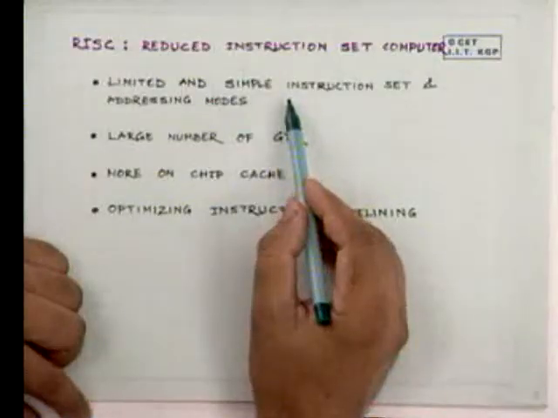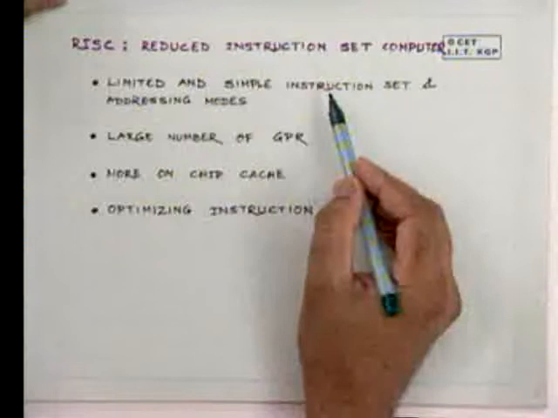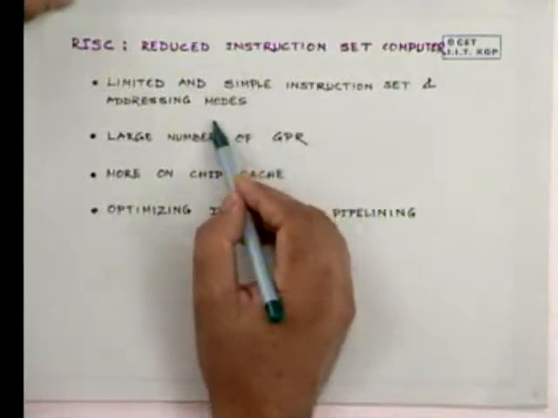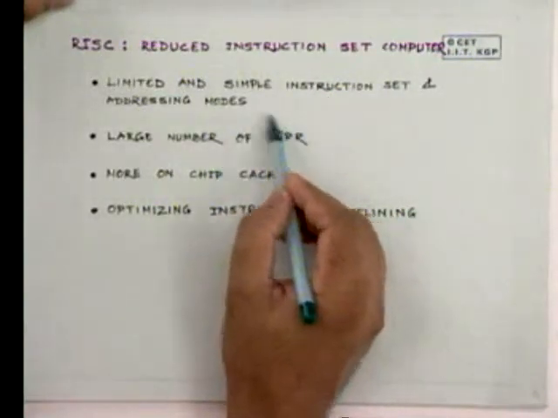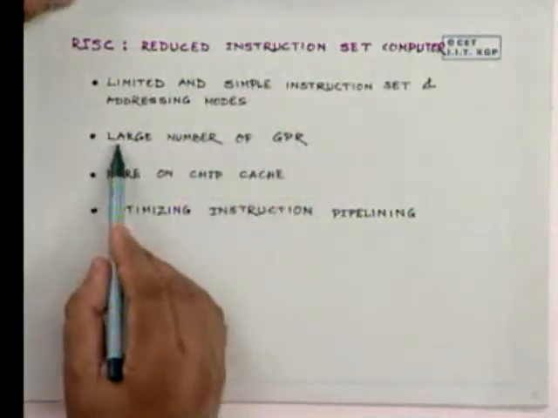A second advantage is that since the circuitry is simple for decoding as well as execution, the time to fetch and execute instructions will reduce, and therefore instruction execution will be faster, right?